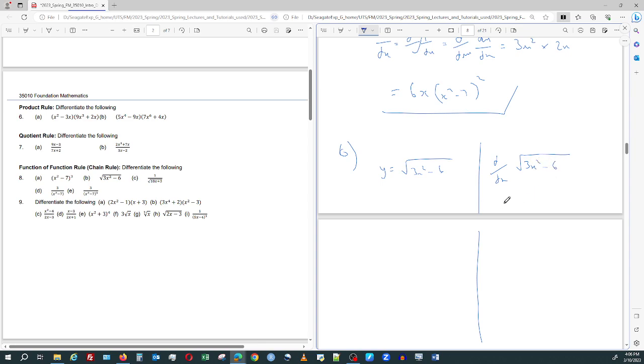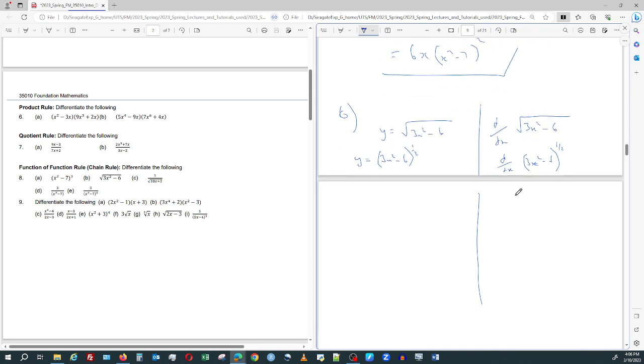Okay, so a bit of pre-work. So y is equal to (3x squared minus 6) to the power half, or if you like, d dx of (3x squared minus 6) to the power half. So they're the same thing. Okay, we're doing the same thing.